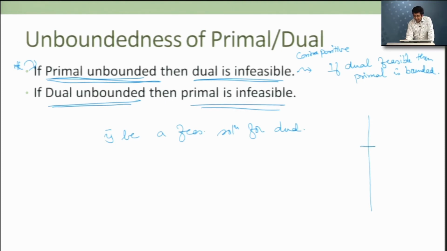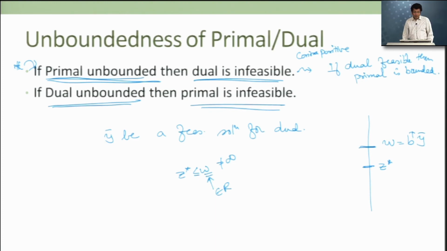Let's look at the objective value that Y achieves. It achieves an objective value W equals B transpose Y. Now immediately we know that the primal is bounded, because the objective value Z star that the primal can take is less than or equal to W. And since Y is a proper number, this is a real number, not infinity, and therefore the primal is bounded.